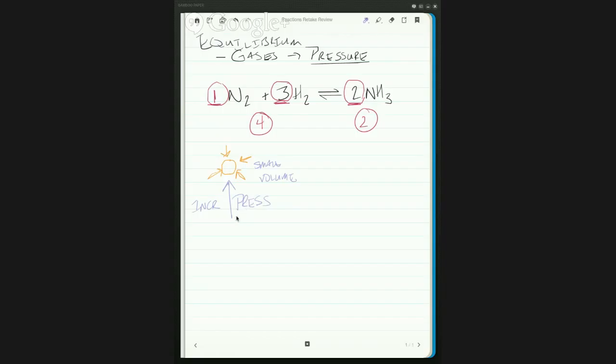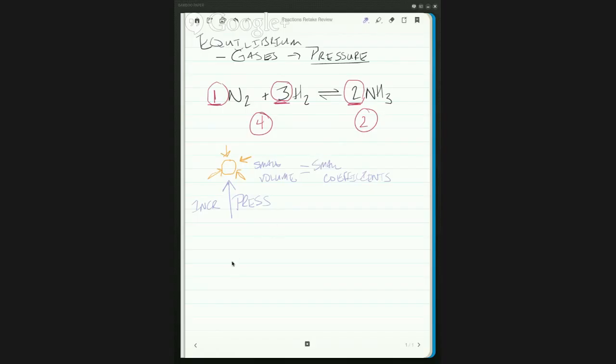That means they do the opposite thing. So if there's a small volume, that means small coefficients. Okay? So increased pressure, small volume, small coefficients. If we increase pressure, it's going to be on the right side. It's going to favor the products, okay? It's going to go right, it's going to go forward, favor the products. Those are all phrases that we can use.